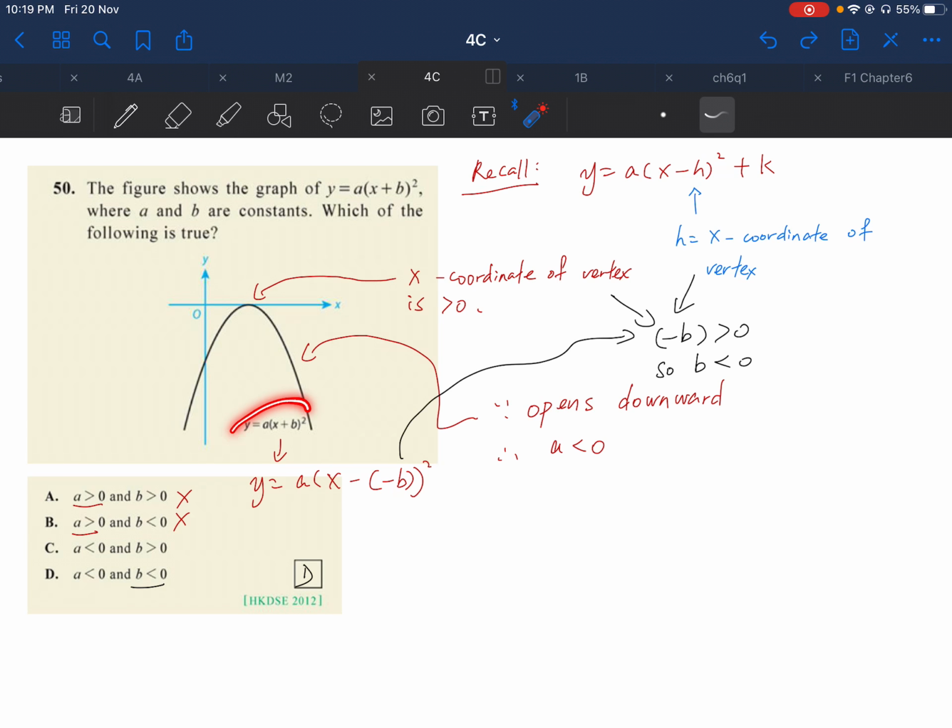From the given equation, if you write it in vertex form, this part is actually negative b. That means this number must be positive, so b itself must be negative.